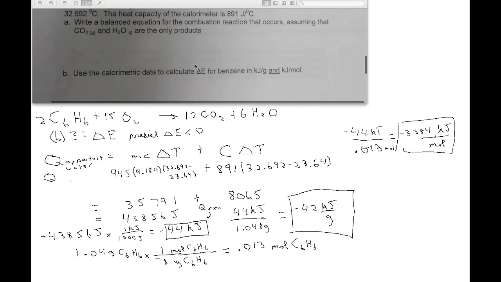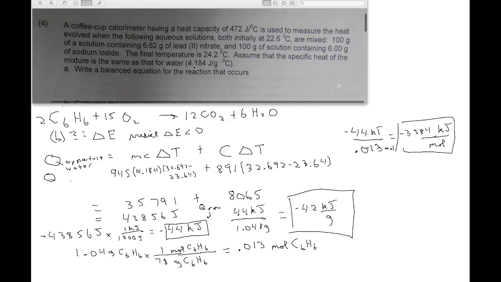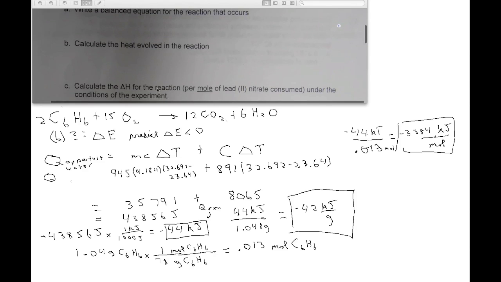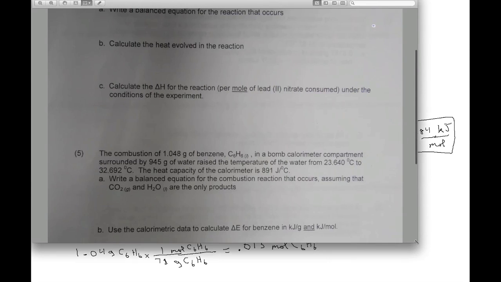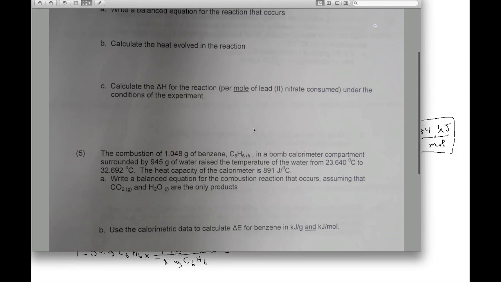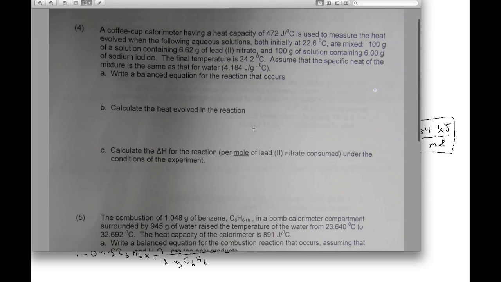All right. Notice that number 4 asked you for delta H, and number 5 asked you for delta E. That didn't really change how we solved the problem at all. But why did they ask you for different symbols? Well, remember that here we were using a coffee cup calorimeter, where the reaction occurs at constant pressure.